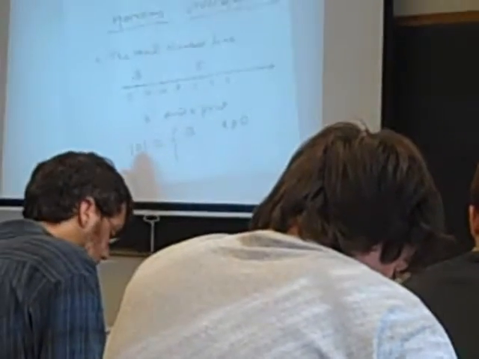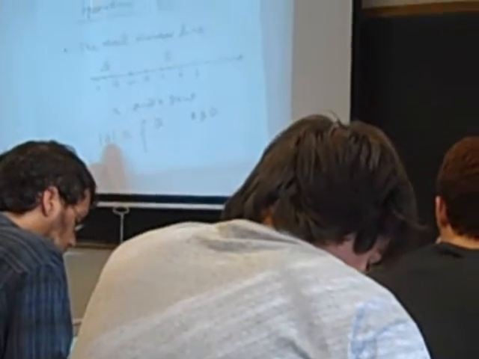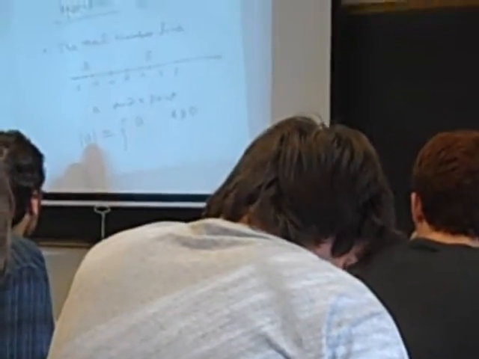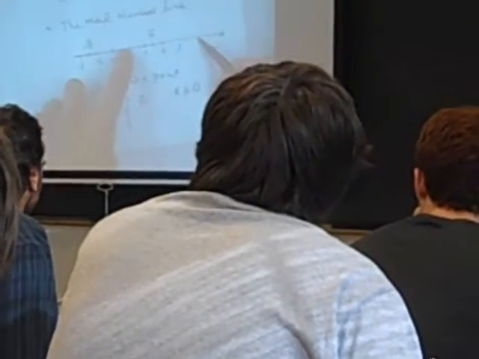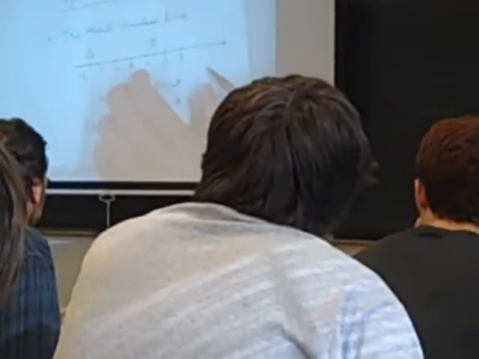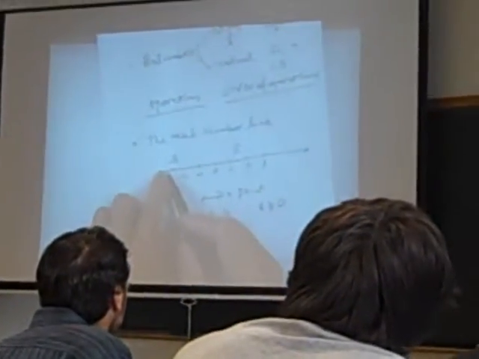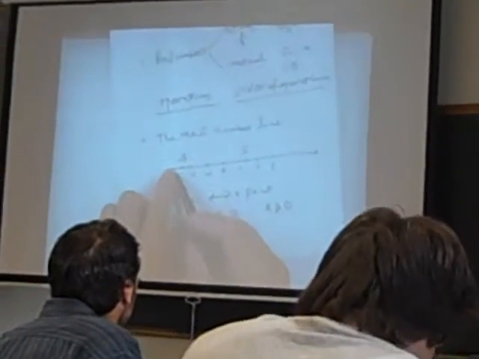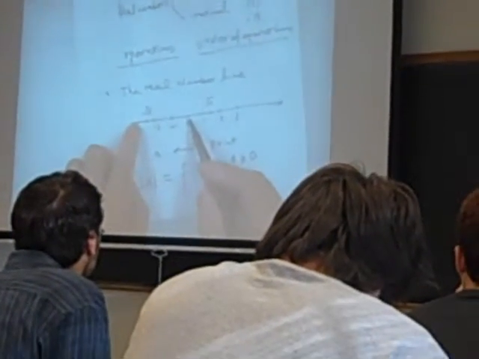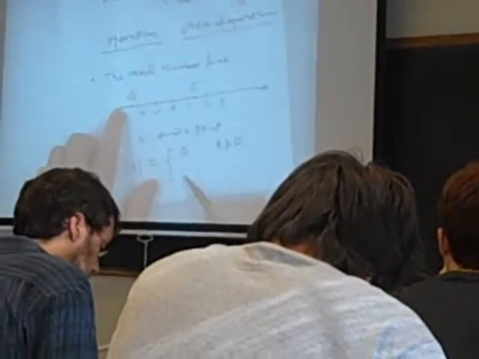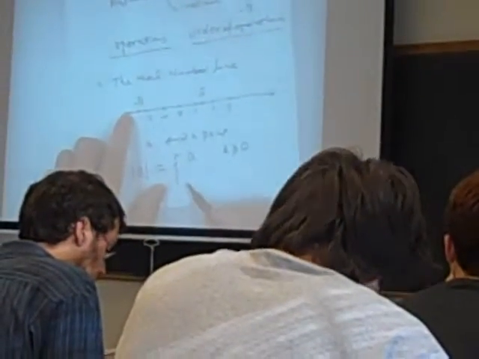If A is 0, the absolute value is 0, the distance to the origin. If A is positive, that's just the distance. But if it's negative, the distance cannot be negative, so what should I say? It would be negative A.